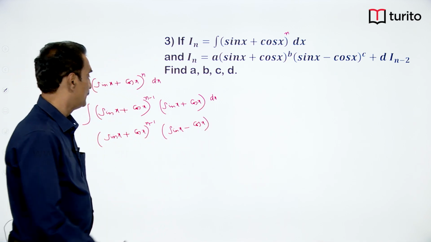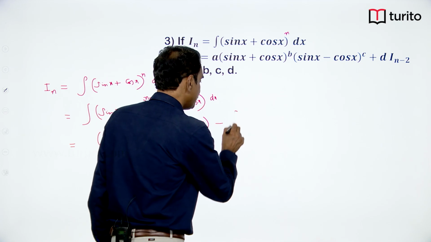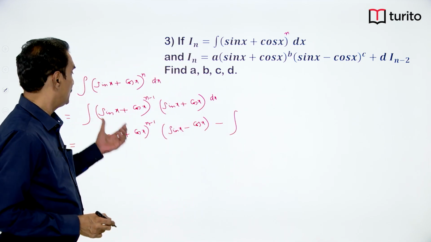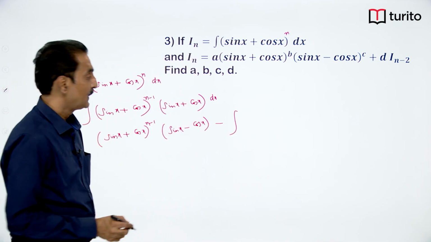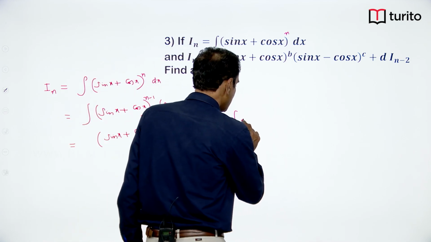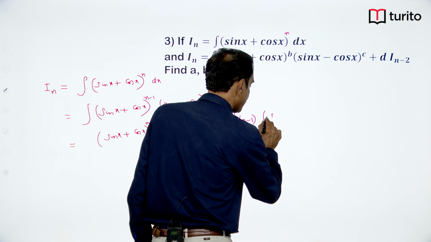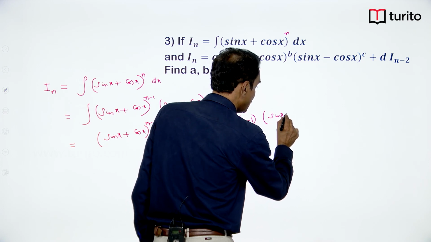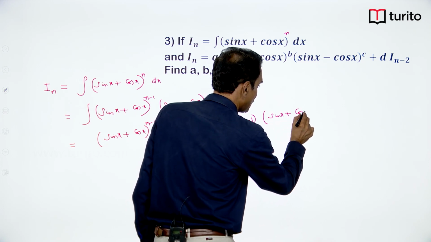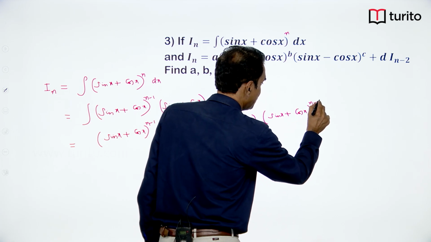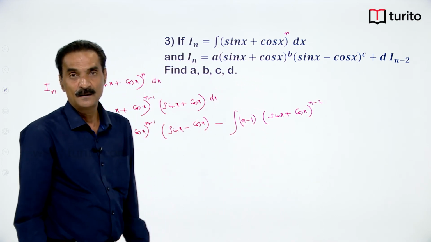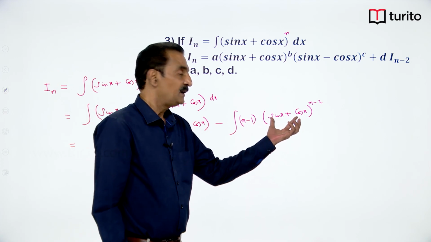Minus integral derivative of the first function, n minus 1 into (sin x plus cos x) power n minus 2 into inner derivative.